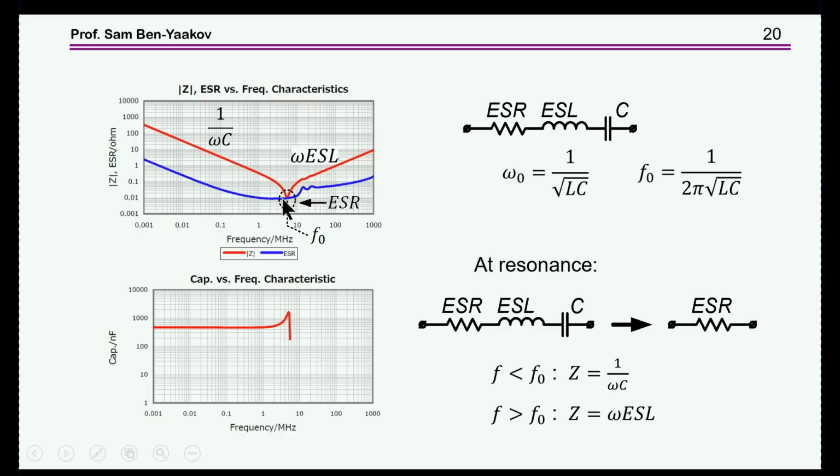At this point, they are equal because the impedance drops to ESR, so they touch each other, while the ESR continues its own way later on. Now, obviously the range for operation is up to here. You don't work beyond it, although this could bring you a lot of trouble. I'll mention it in a minute.